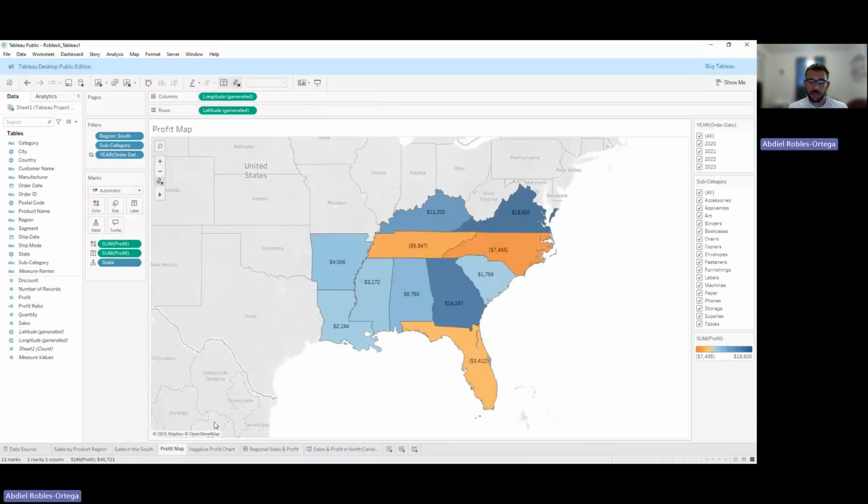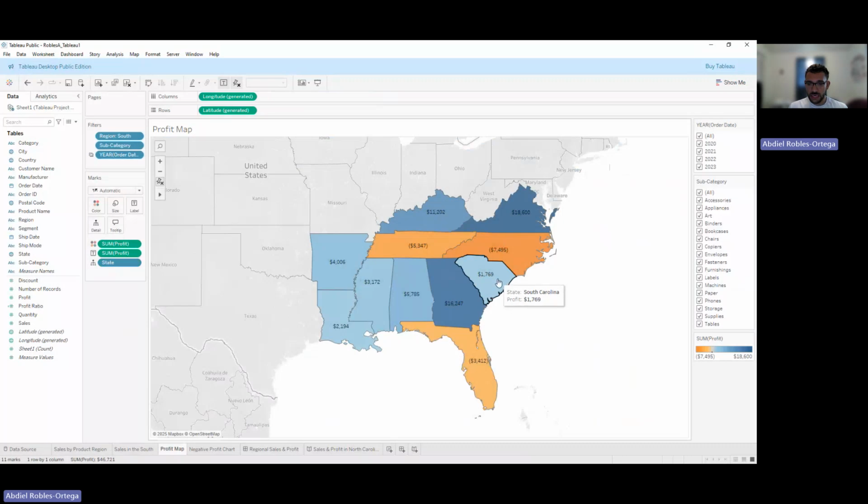Moving on to the profit map, here we have a visualization of the entirety of the region, and we can see which states have seen the highest amount of profits and which states have seen negative profits. States like Georgia, Virginia, and Kentucky have the highest profits.